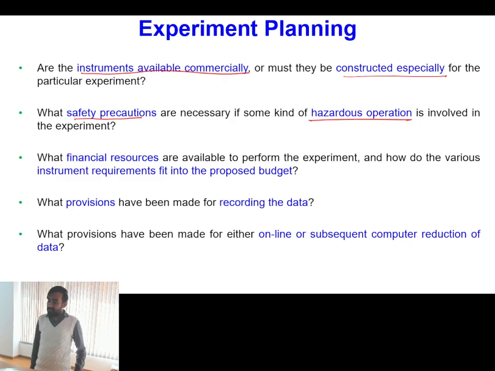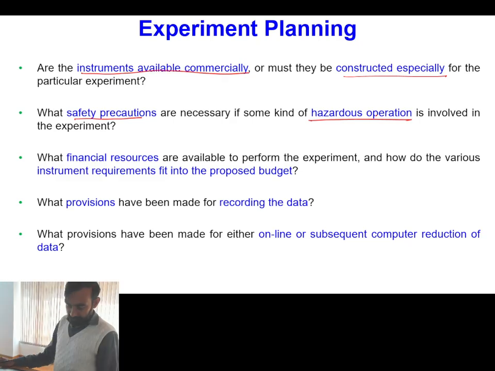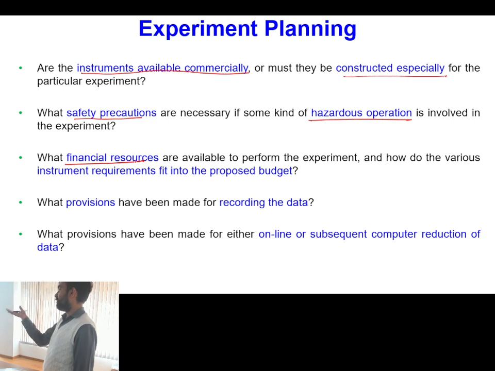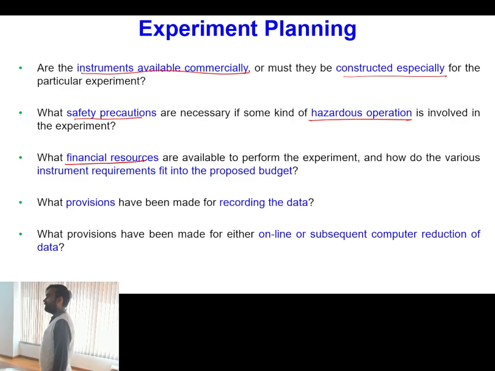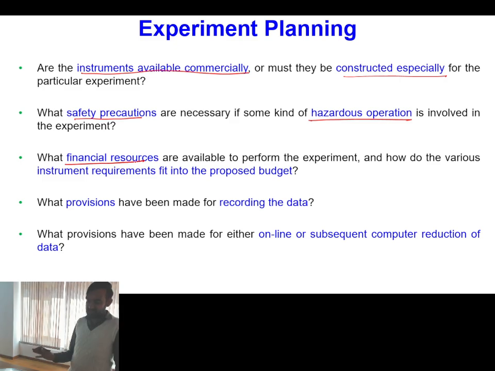So safety considerations also need to be accounted for. And then of course finally, the most important one is the financial resources. Say in your design practicum project you have 30,000 to design some prototype and you choose a single sensor costing 50,000, then you are not able to do that. So financial constraints also you have to keep in mind.